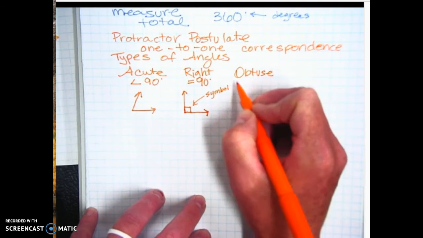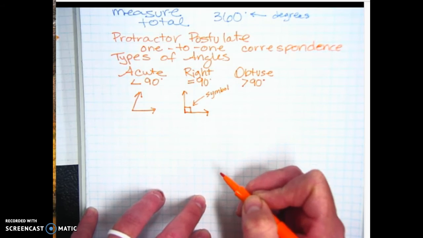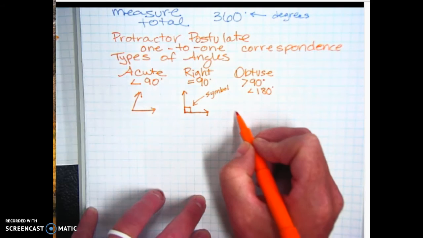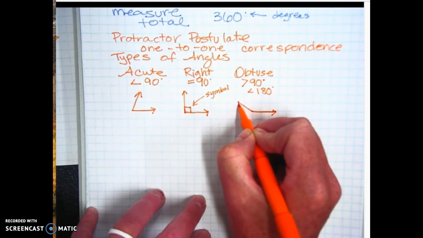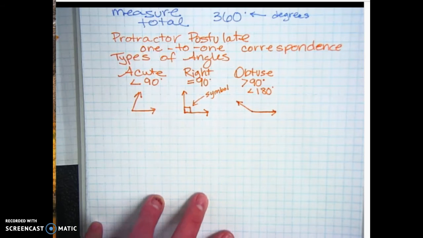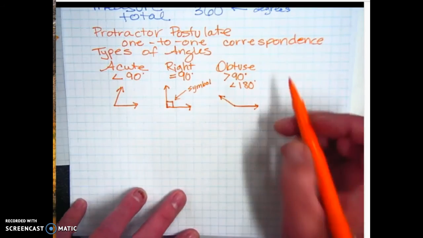Obtuse is going to be greater than 90, but less than 180. Okay, so something in this range. And the fourth one is one you may or may not have heard of.